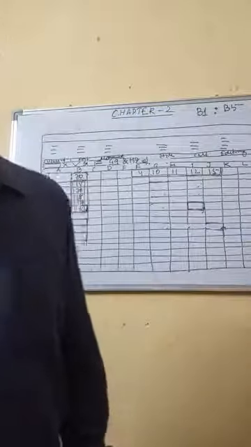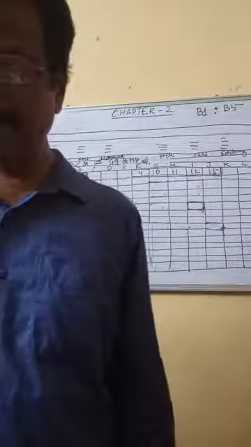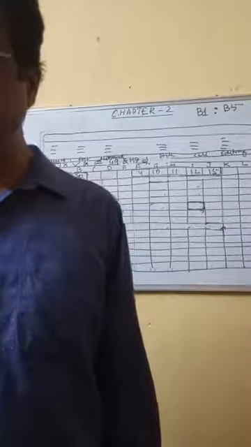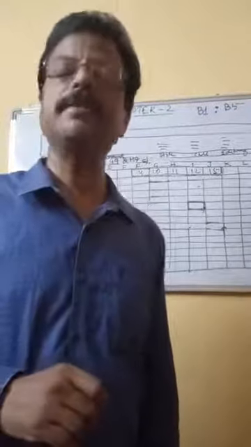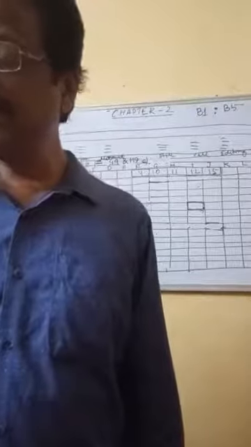There are three kinds of cell reference: relative reference, then absolute reference, then mixed reference.